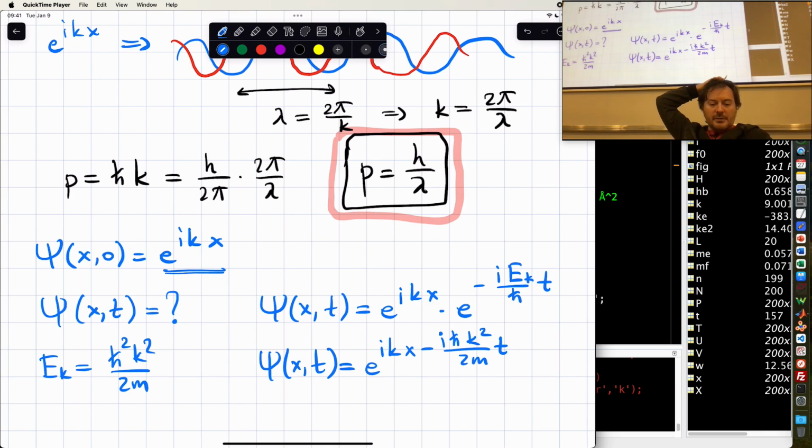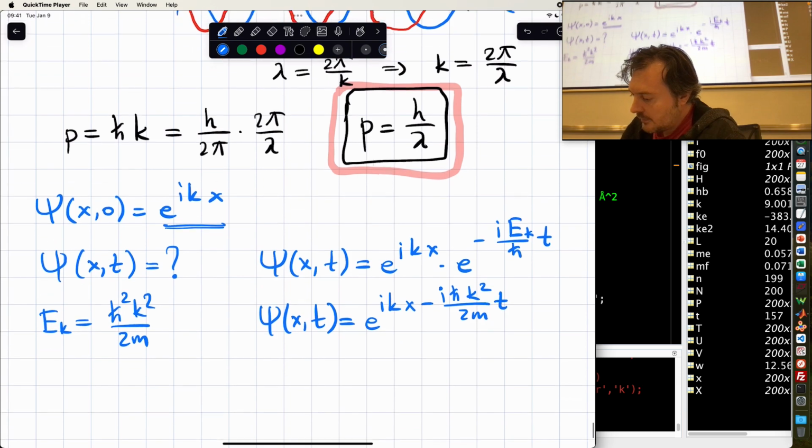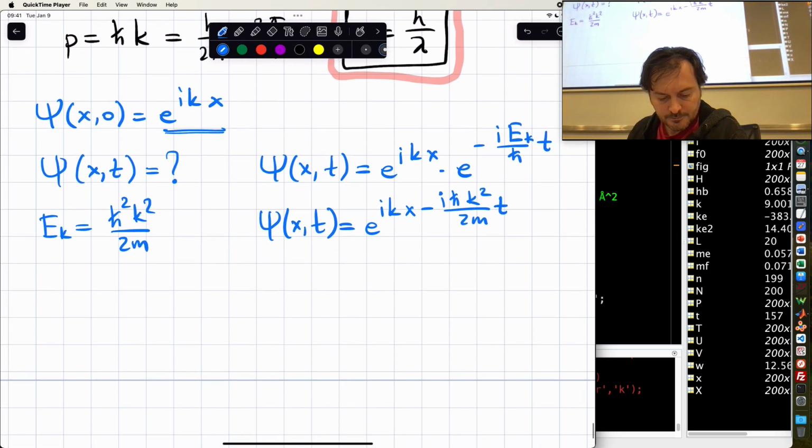What is the speed of this wave? Okay, before we go to the speed, let me ask you something. Can you please normalize this?